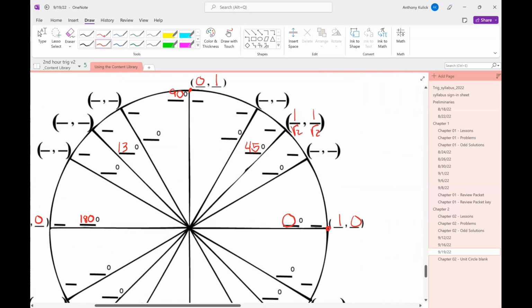This spot here at 135 degrees will also make a 45, 45, 90 reference triangle. What is different about this one, though? The x-coordinate needs to be negative, but otherwise it's going to be exactly the same. Everybody's okay there?